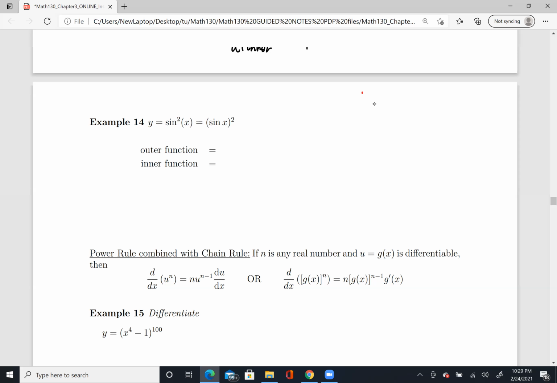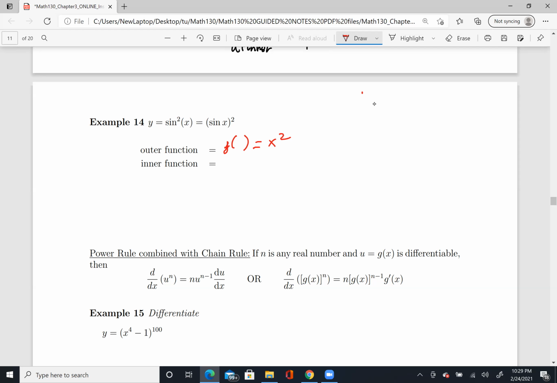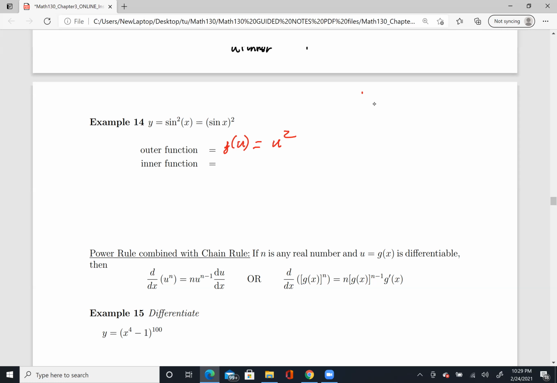So the outer function is going to be f of x equal to x squared. And the inner function will be, you know what, I'm going to change this letter to u so you don't get confused. So here it is u squared, okay? And the inner function is going to be g of x, which equals sine of x, right?